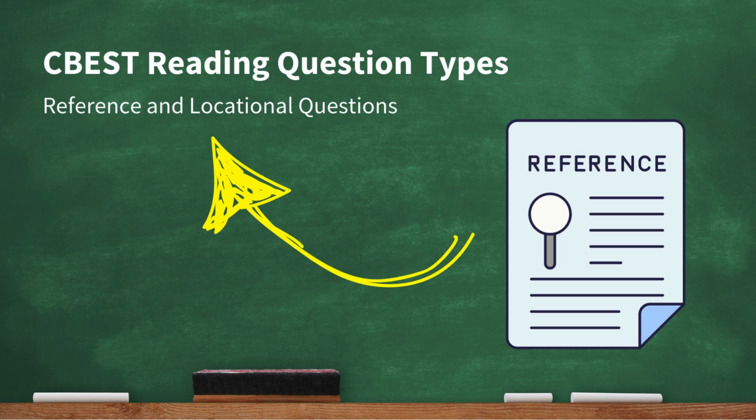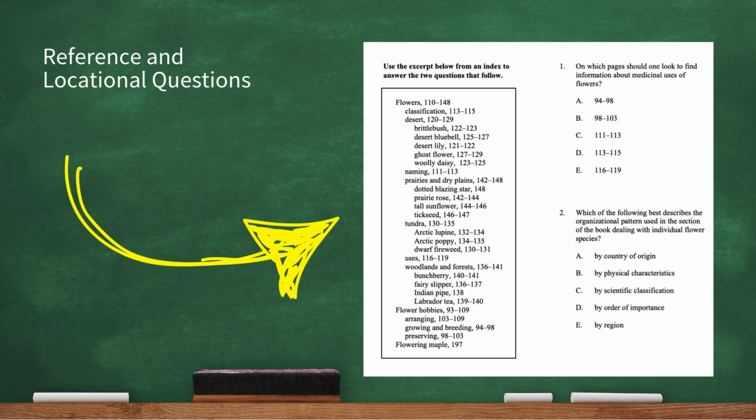reference and locational questions, where when taking your CBEST practice test, we can see in the practice exam that the CTC provided for free on their website that they are going to want to check your ability to use a table of contents, an index, glossaries, and different types of nonfiction text structures so that you can show your ability to locate details quickly.